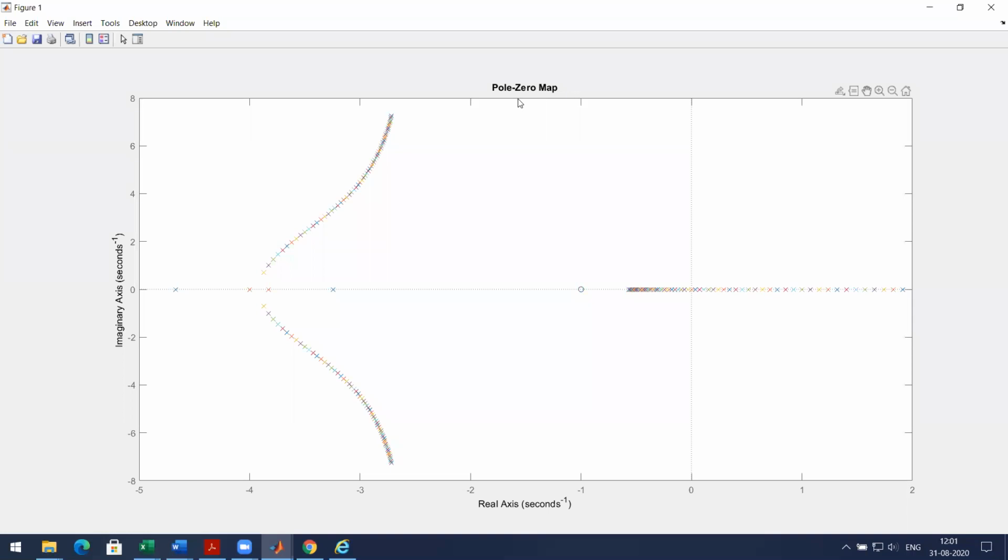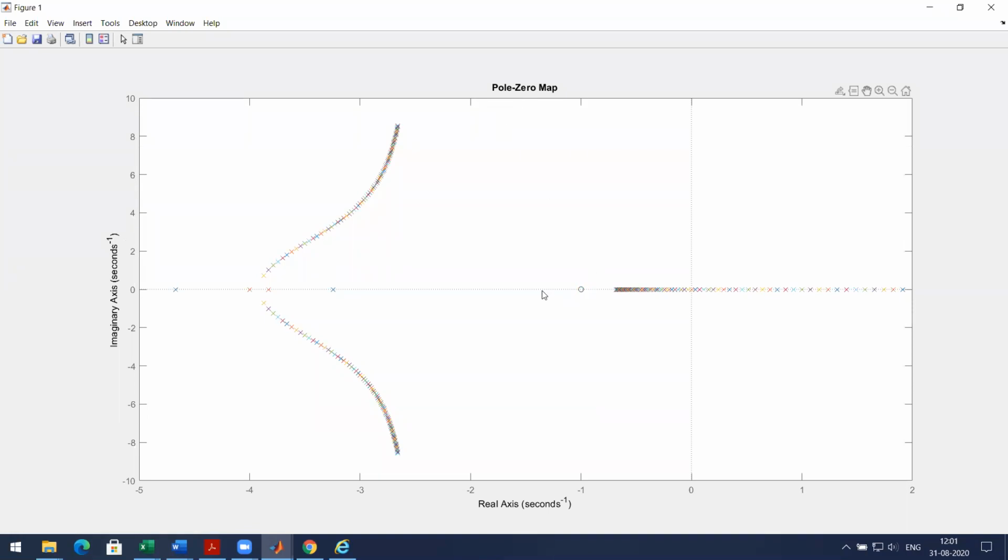Actually, you need to plot this on a graph sheet with pencil. But let's use MATLAB. I don't know what the value of the gain is here at 0.